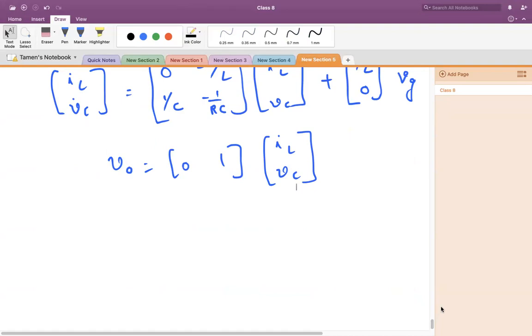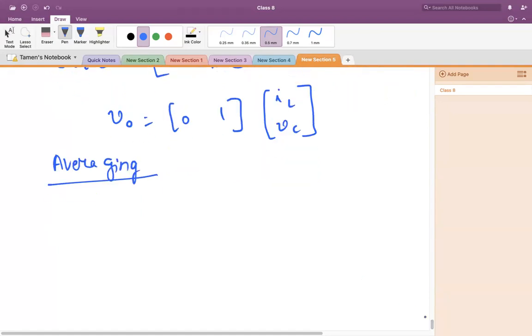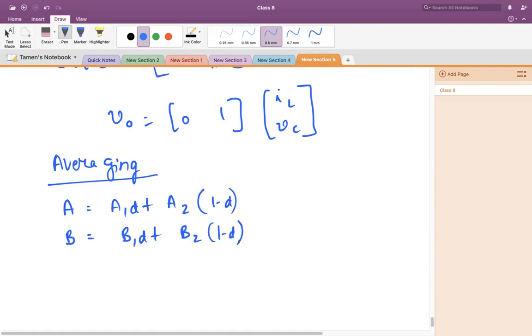Now what is our objective? Averaging. Averaging means we'll combine both the on and off conditions. That is, the A matrix will be equal to A1 D plus A2 (1 minus D). B matrix will be B1 D plus B2 (1 minus D).